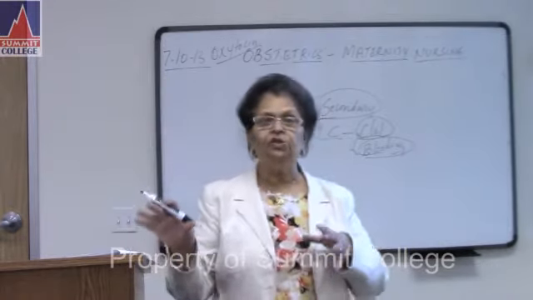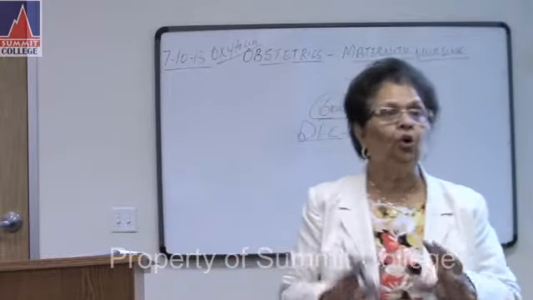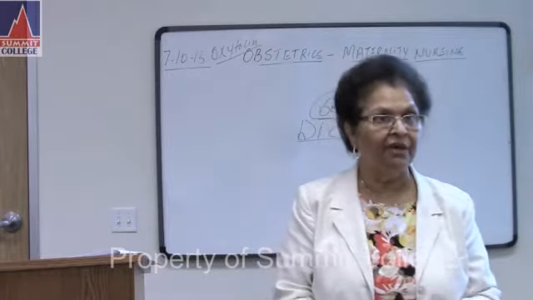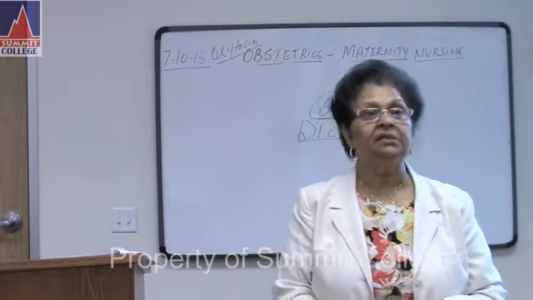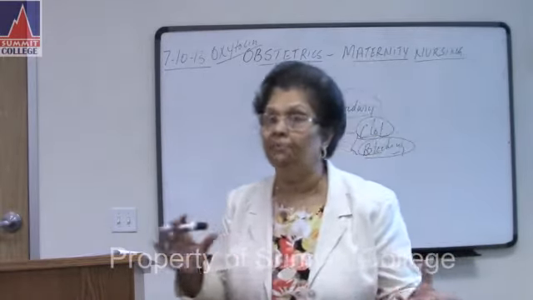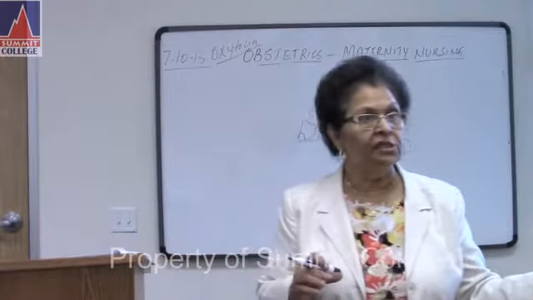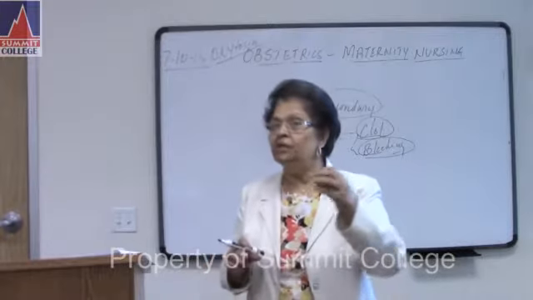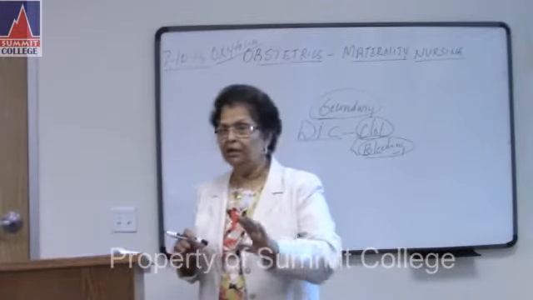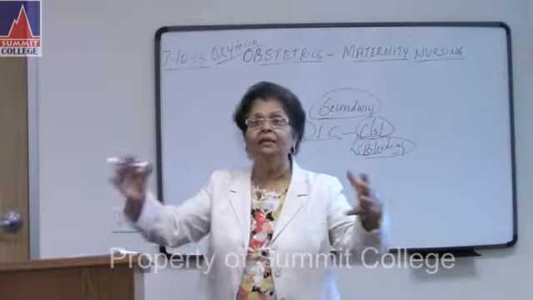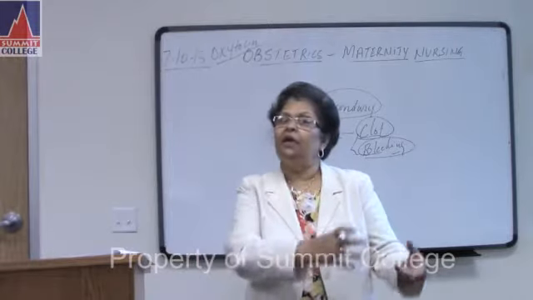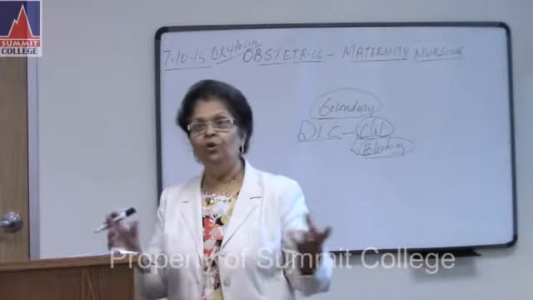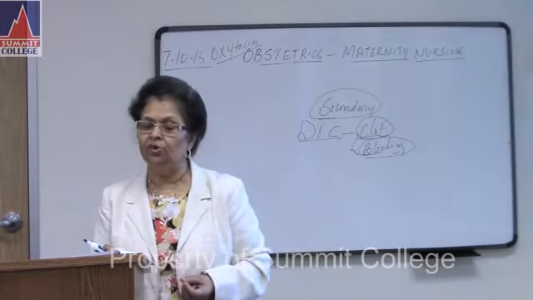This word is not only in OB, it is also a med-surg question. Are we clear? So it can come in med-surg. When a patient has a clotting problem, the diagnosis is called DIC. DIC is not primary, not the bleeding problem itself, but there is another condition that leads to a clotting disorder, and my patient is going into a bleeding and clotting disorder.